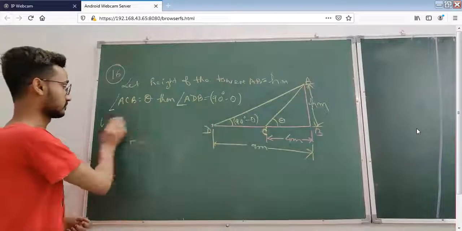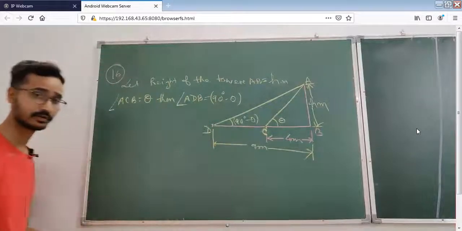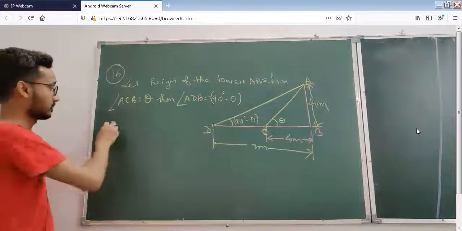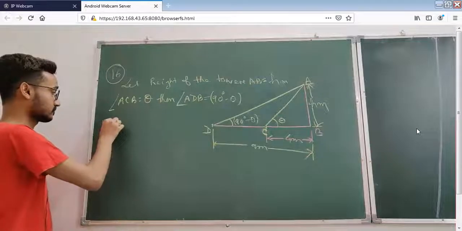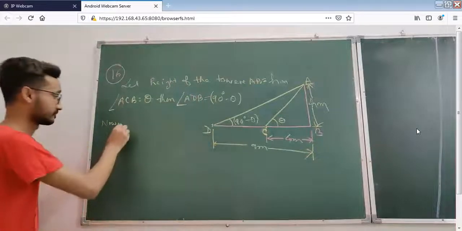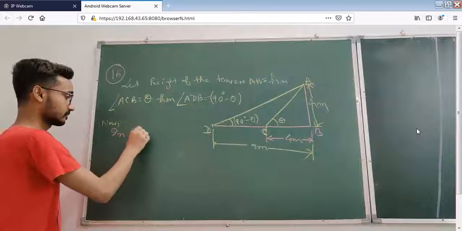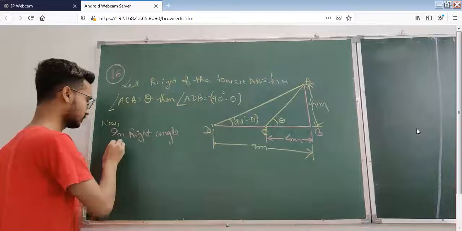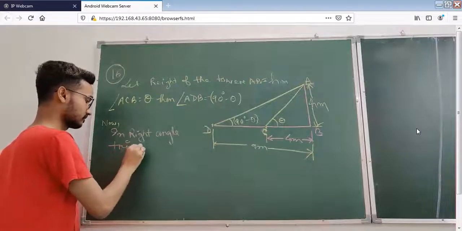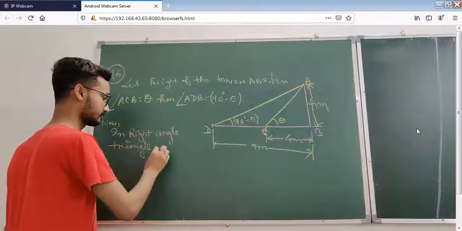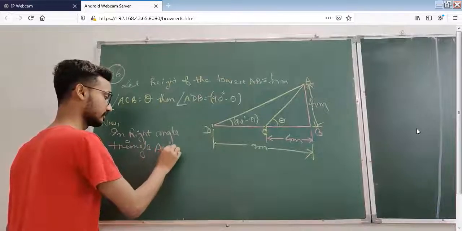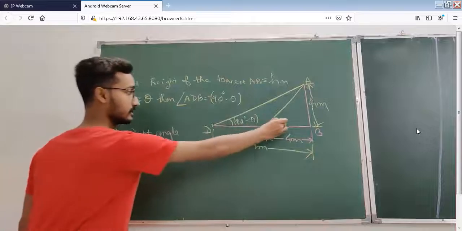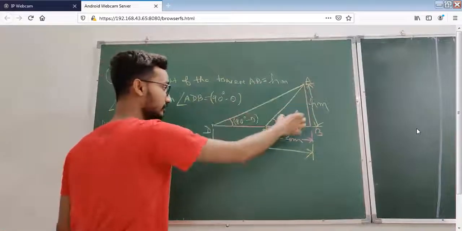Now, if you take triangle ACB, in right angle triangle ACB, here for this angle theta, your perpendicular will be AB, BC will be your base.